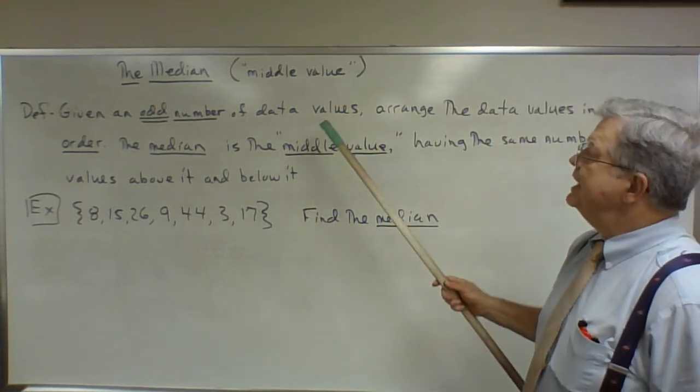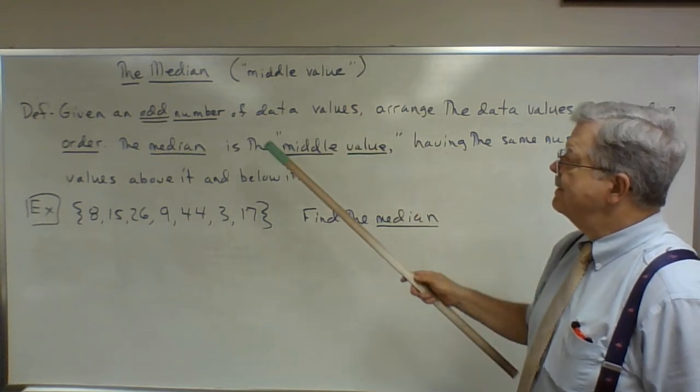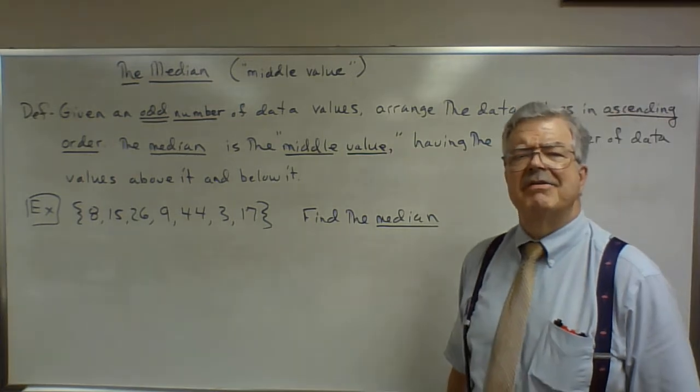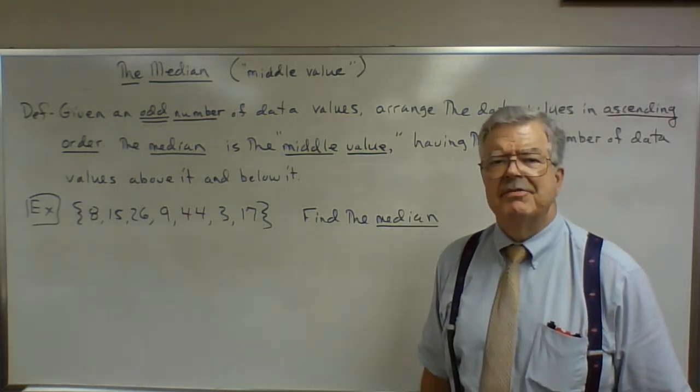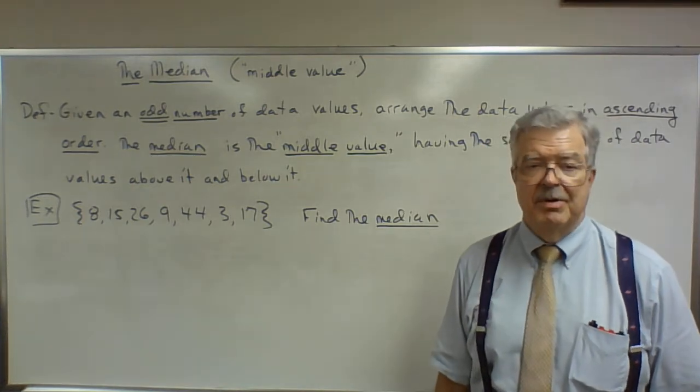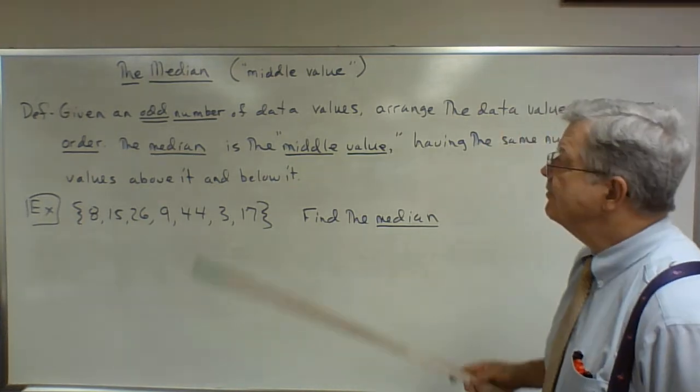Okay, let's look at median, the middle value. We'll look at two cases. We'll look at a case where we have an odd number of data values, and then we'll consider the case where we have an even number of data values.